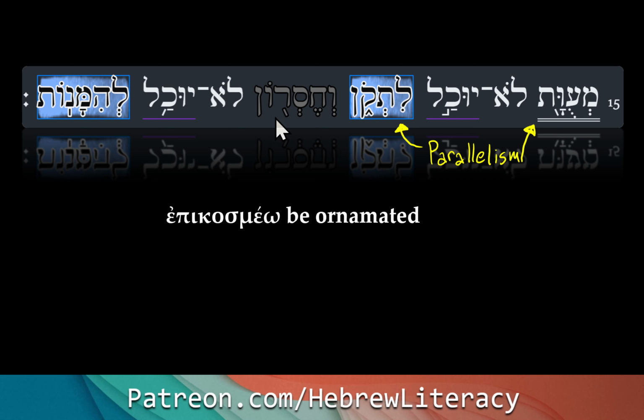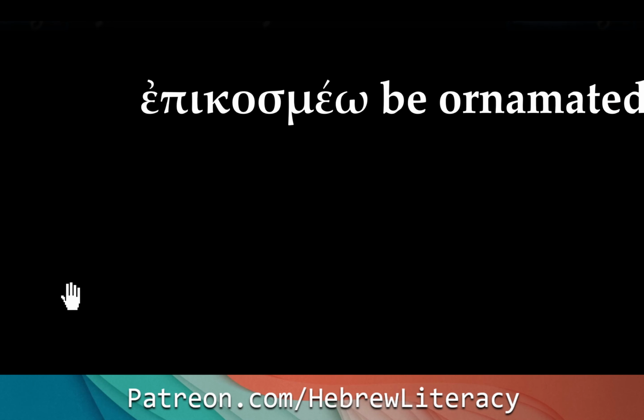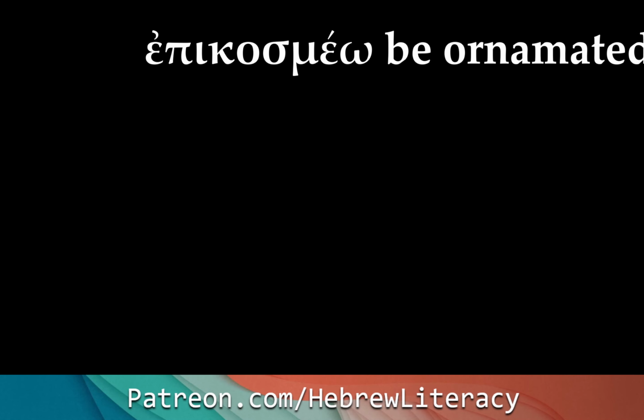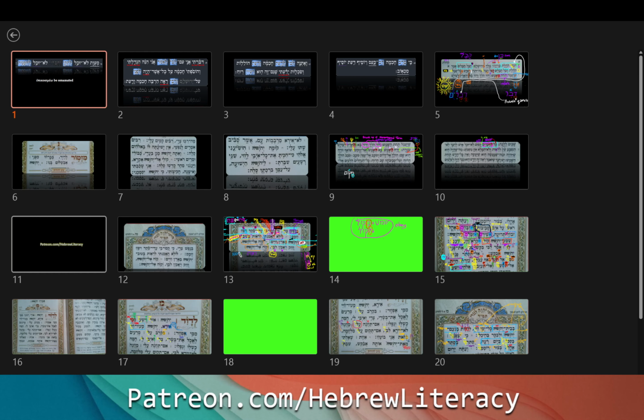The chesron, lo yokhal leimor. Sorry, I'm not sure why I have this in gray. Chesron is a lack. And if you didn't know it, you might be able to figure it out. Some people like to memorize a very popular psalm, Psalm 23.